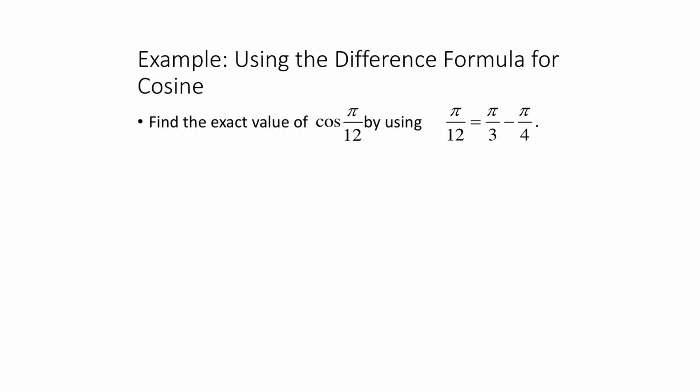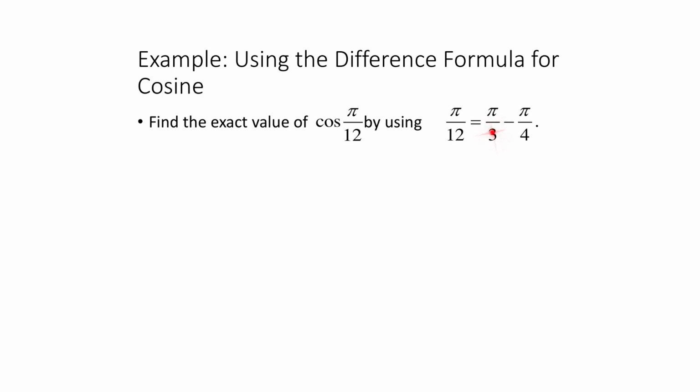So if we take 180 and divide that up 12 ways, we see that that would be 15 degrees. Noticing that, I ask: is there a way to use my special angles to use the difference formula? Because 15 is pretty small.